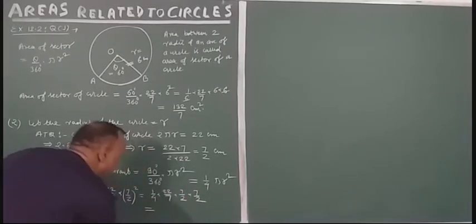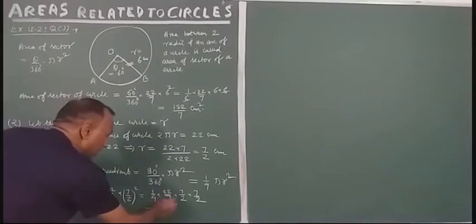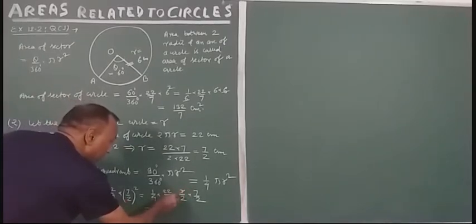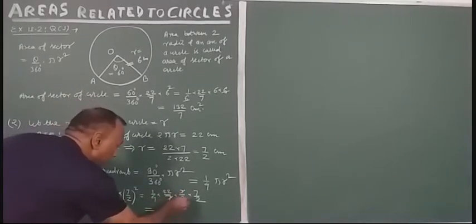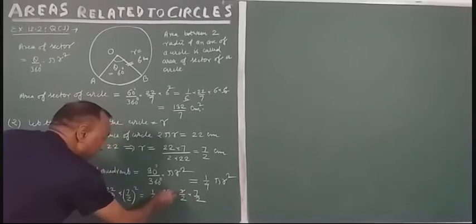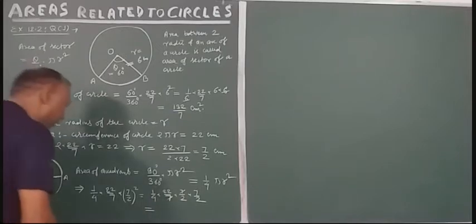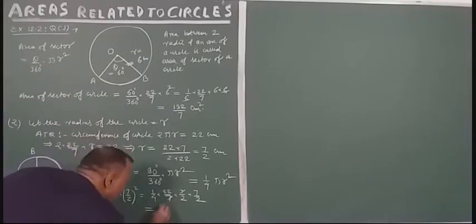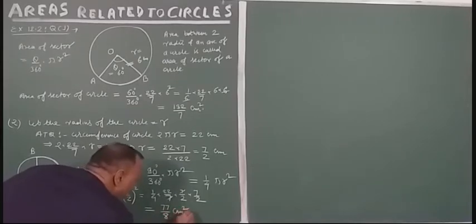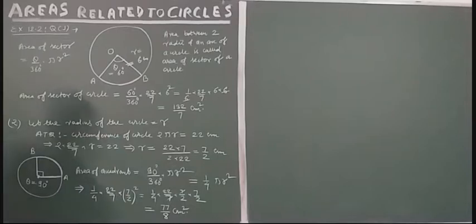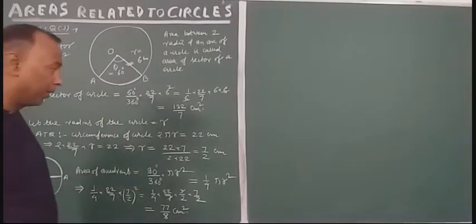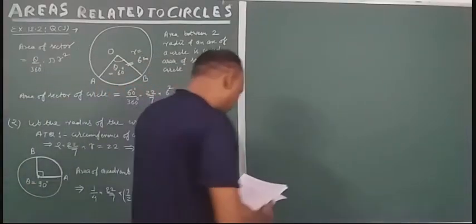When you calculate, this 7 and this 7 will be cancelled out. 2 into 11, 11 sevens are 77 upon 8 centimeter square. So the area of the quadrant of the circle is 77 upon 8 centimeter square.